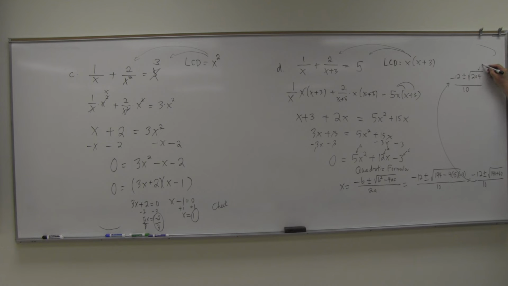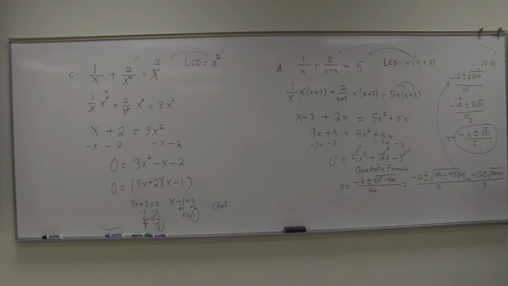This one you can say, well, 4 is a factor, 4 times 51. And so that's negative 12 plus or minus 2 square root of 51 over 10. And then you can reduce those by 2. So you get negative 6 plus or minus the square root of 51 over 5. And obviously those aren't going to make the denominator 0, so there you go.